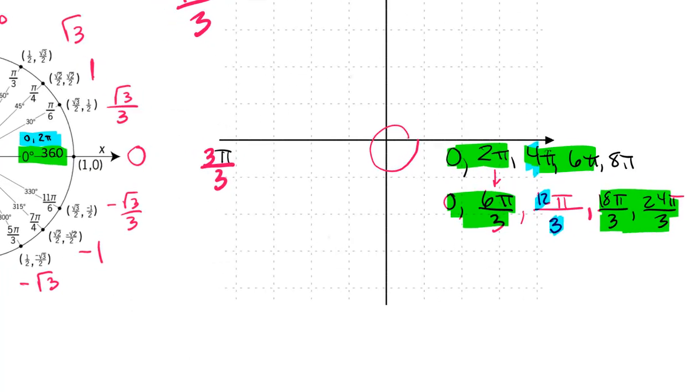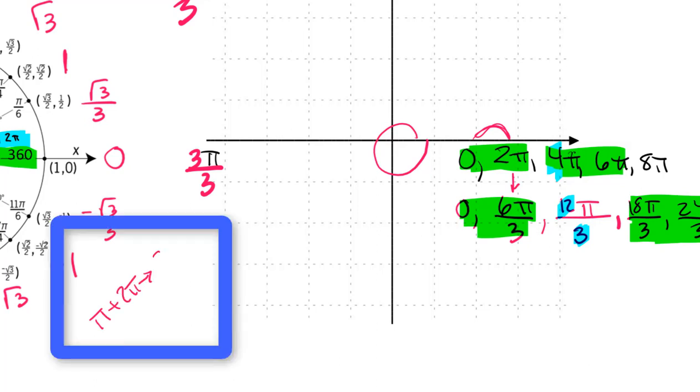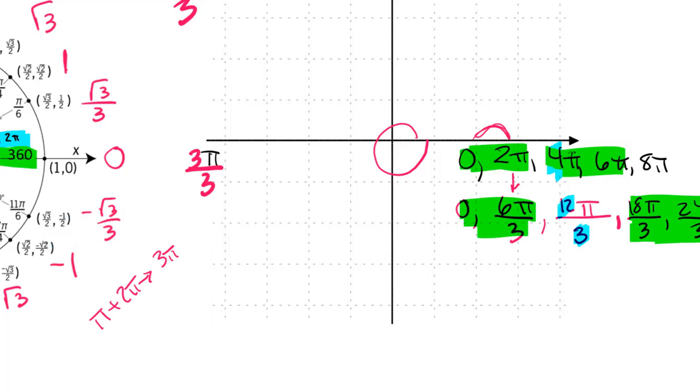But let's talk about the other side where we have 3 pi over 3. Part of that pattern is that the distance between them is 2 pi. So if I had pi to start with, and I added another 2 pi to that, that of course would give me 3 pi, right? So this would start out being 3 pi, but what is the same thing?